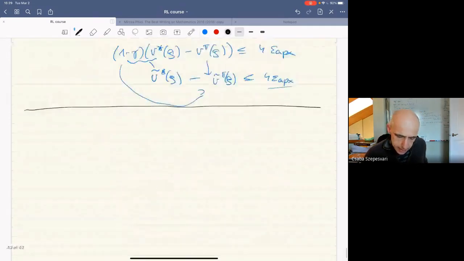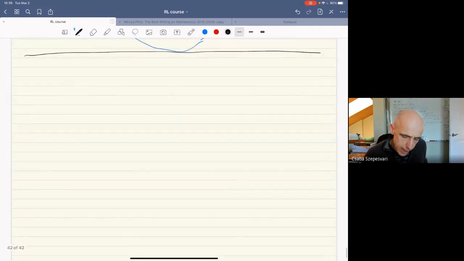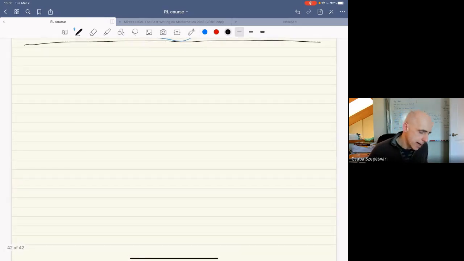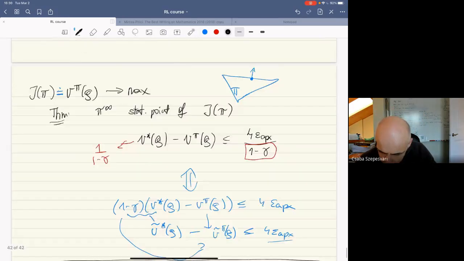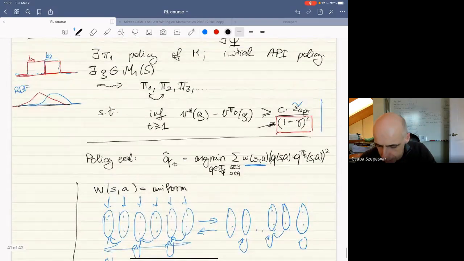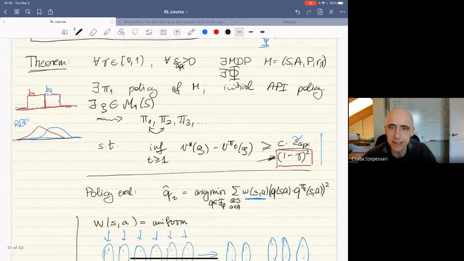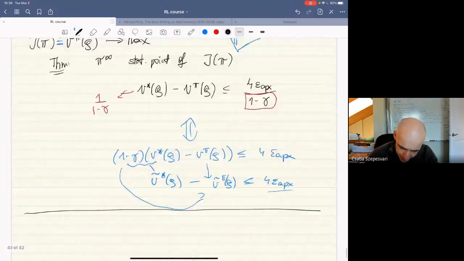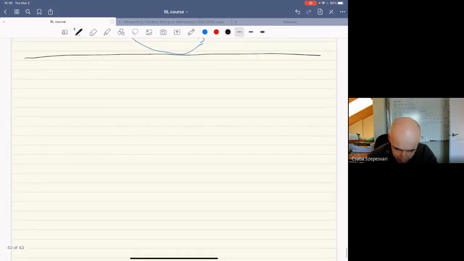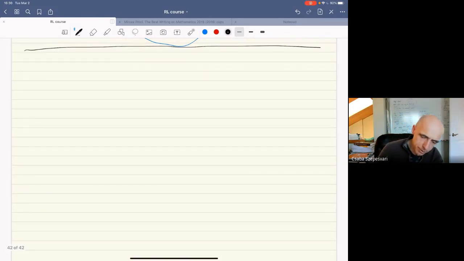But it turns out that, well, I stumbled upon a method in my past where you can also reduce this dependence of the approximation error by this 1 over 1 minus gamma factor. And this is a very elegant method too. We call it Polytech, and some of the people here might have heard about it.